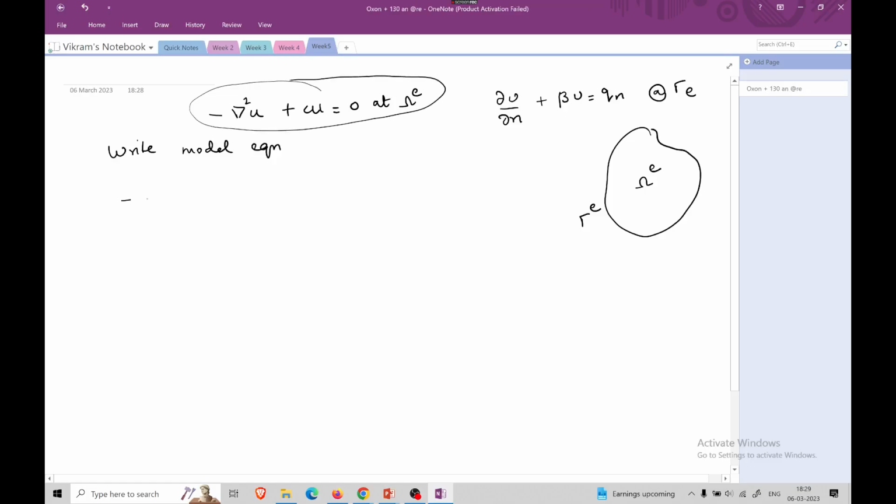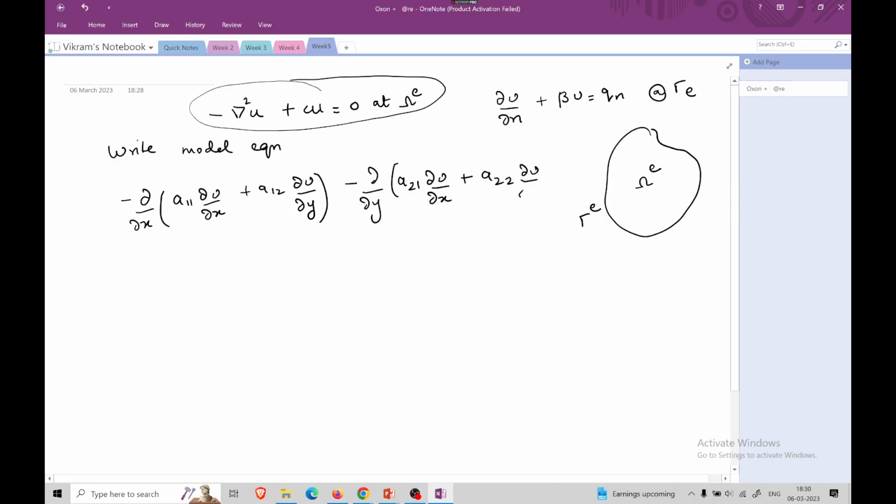If I recall, minus dou by dou x of a11 dou u by dou x plus a12 dou u by dou y, minus dou by dou y of a21 dou u by dou x plus a22 dou u by dou y, plus a00 u minus f is equal to 0.